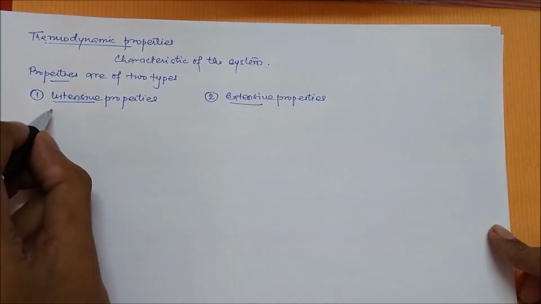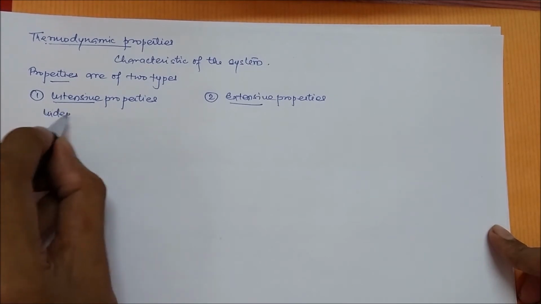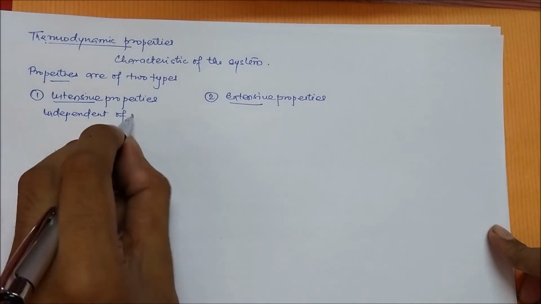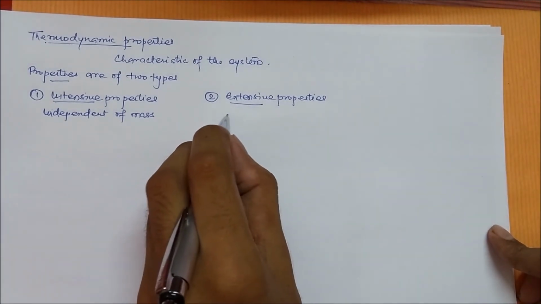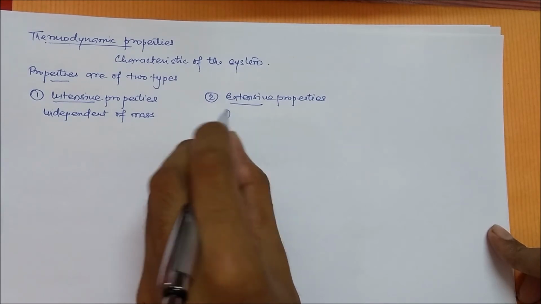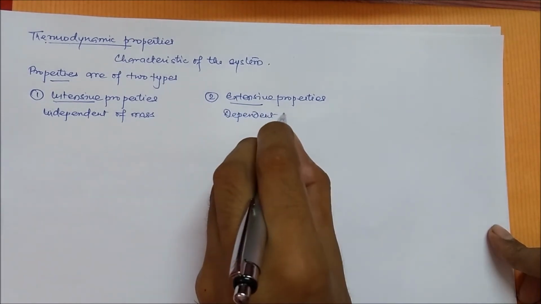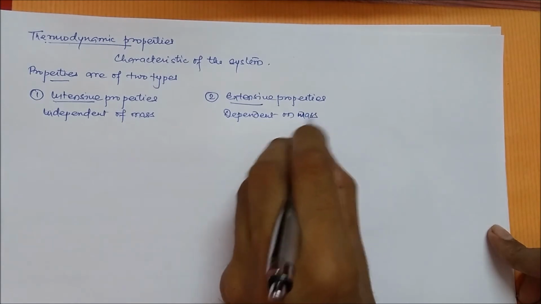Intensive properties are those properties which are independent of mass. Extensive properties are those properties which are dependent on mass.